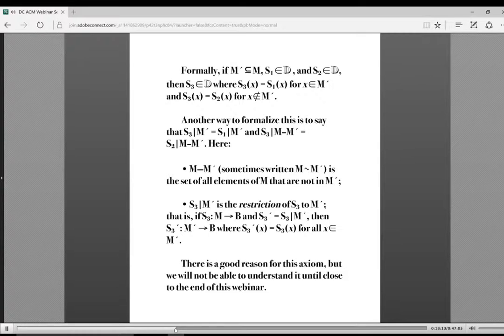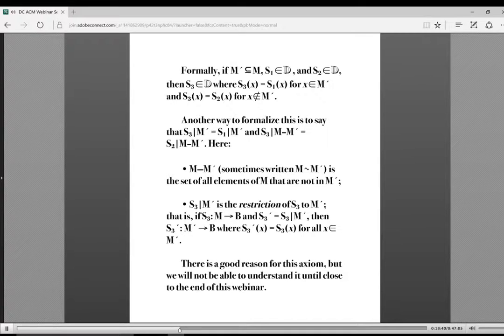Another way to formalize this is to say that S3 restricted to M prime equals S1 restricted to M prime, and S3 restricted to M minus M prime equals S2 restricted to M minus M prime. Here, M minus M prime is the set of all elements of M that are not in M prime.